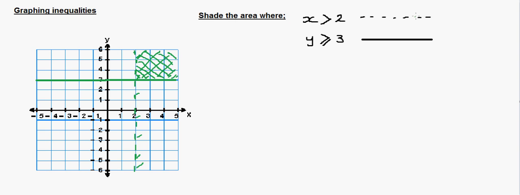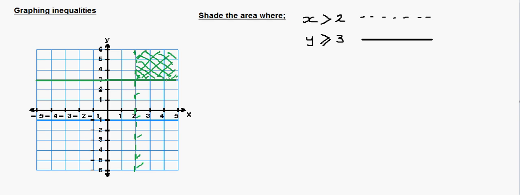This is important. If it's greater than or equal to, or less than or equal to, then it's a solid line. Then you just draw the lines and shade the area accordingly.